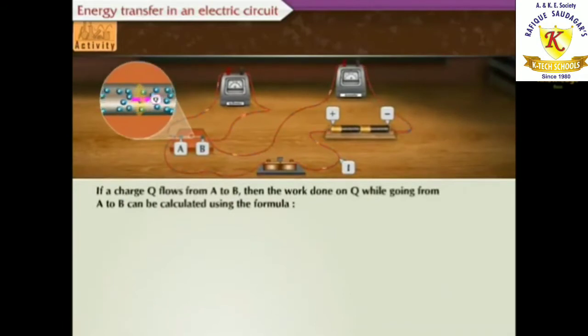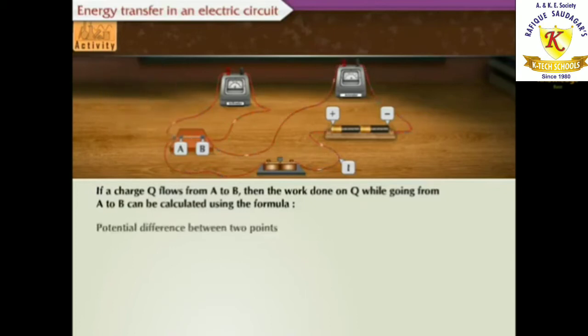If a charge Q flows from A to B, then the work done while going from A to B can be calculated by using the formula: potential difference between 2 points is equal to the work upon total charge transferred.